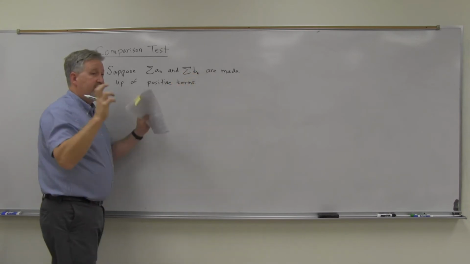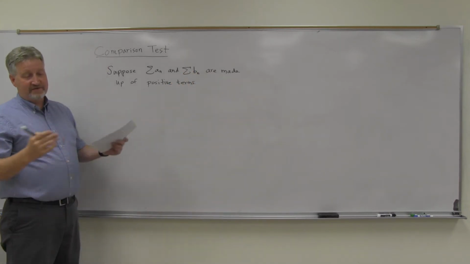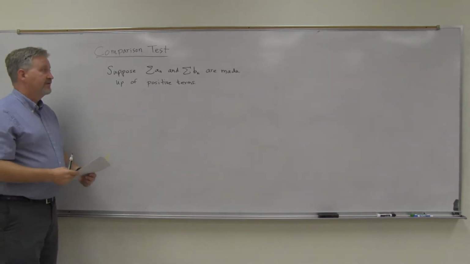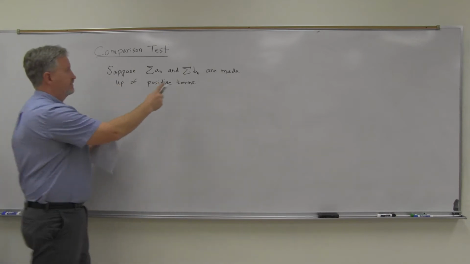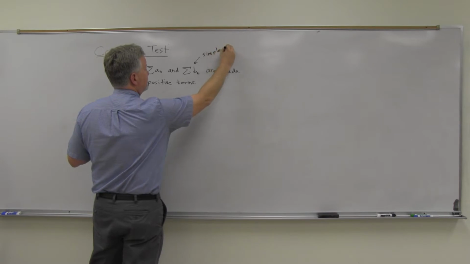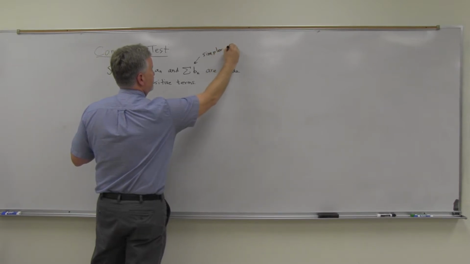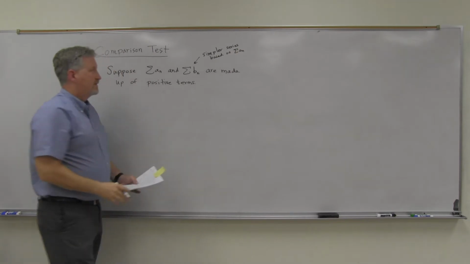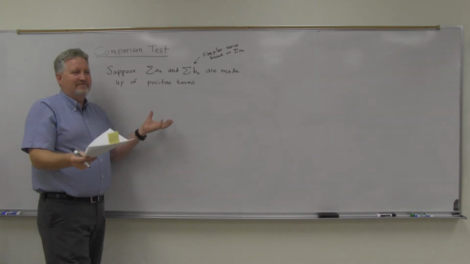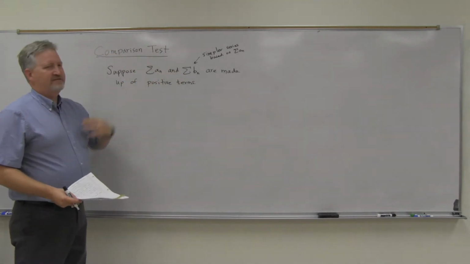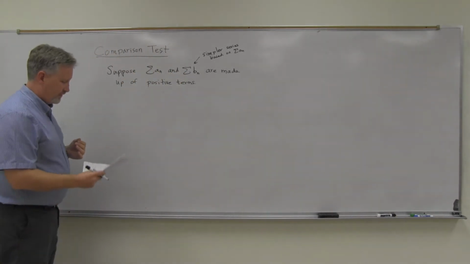The b sub n is going to be an easier series, a series that you know more about, because it's a simpler series based off of the a sub n series. So it's not just two random series, picking one out of the blue. No, b sub n is going to be related to a sub n. You'll see how it works.